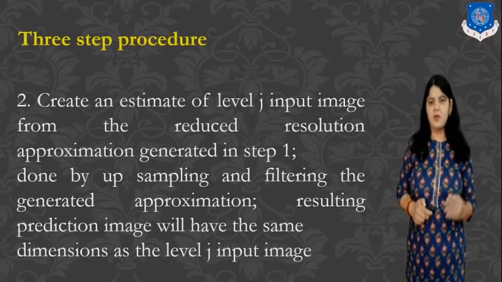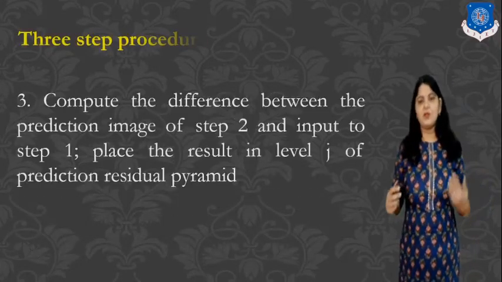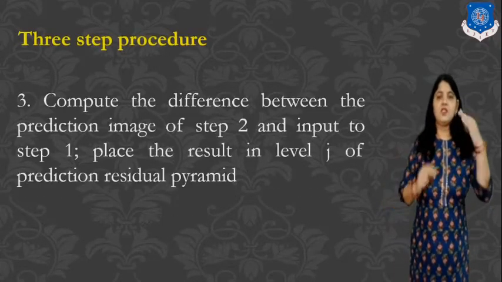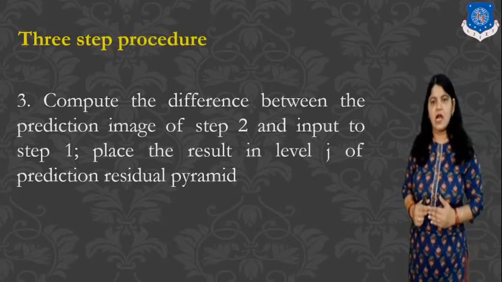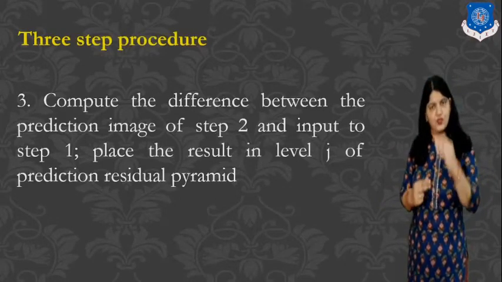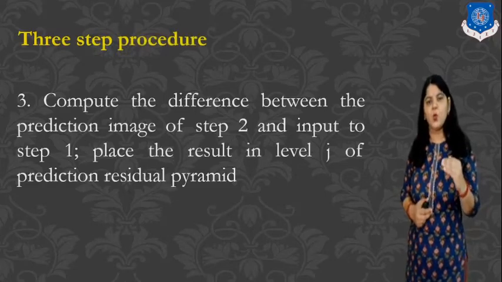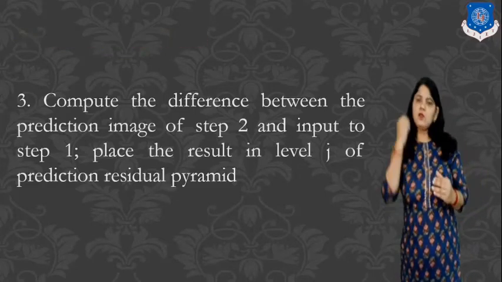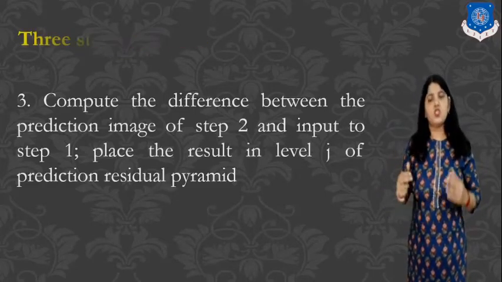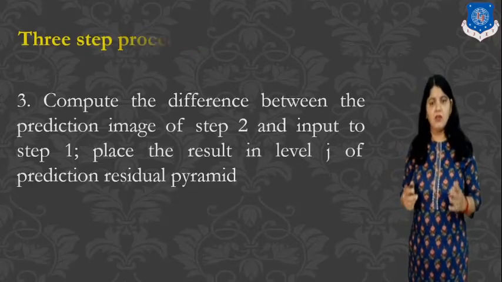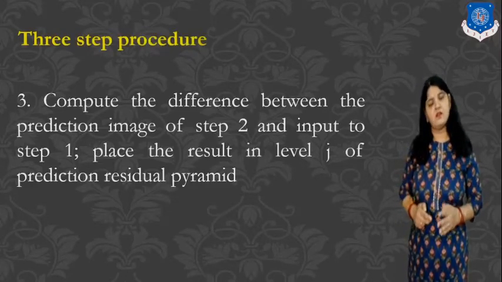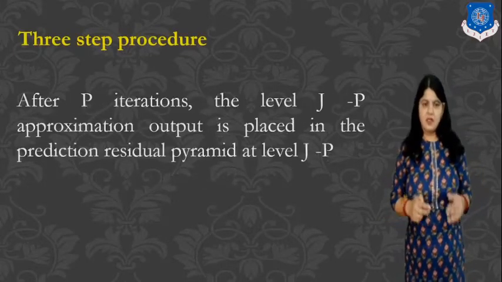So now this is the middle part, and the final step, that is step number 3. In that we need to compute the difference between the prediction image of step number 2 and the input to step number 1. So the result is the level J of the prediction residual pyramid that we will get.